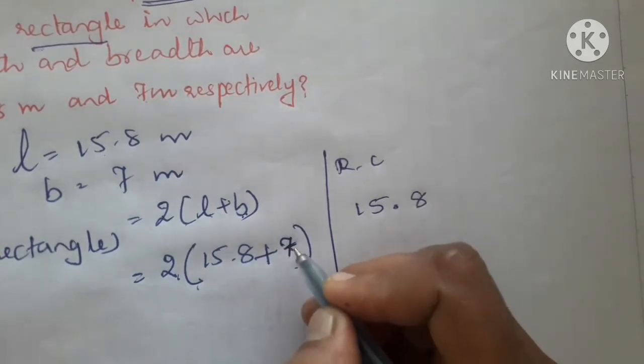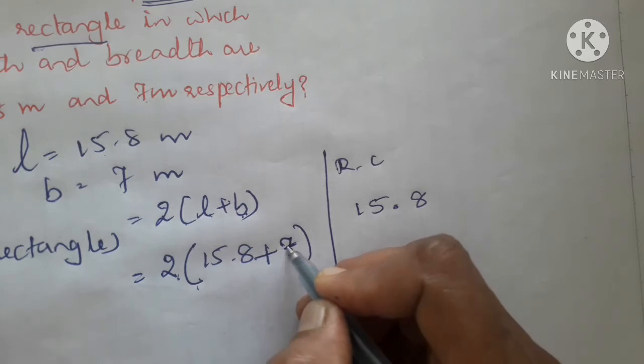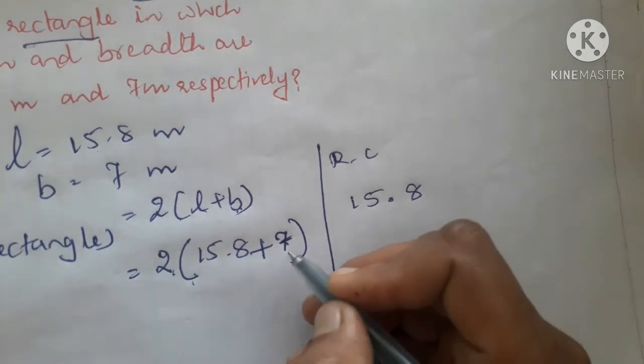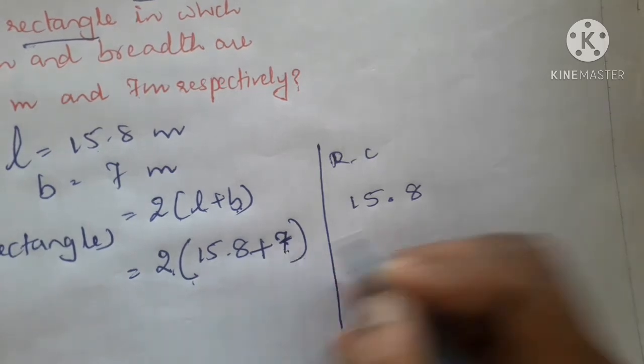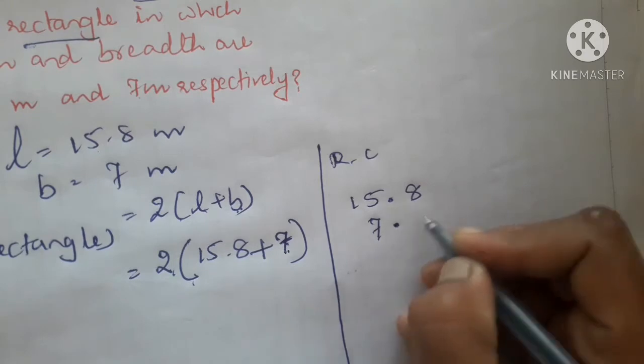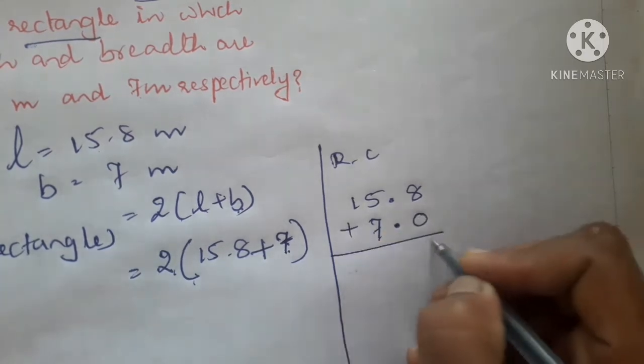No. So how can we express 7 in decimal form? That is 7.0. If it is 8, 8.0. If it is only 12, it means 12.0 or 12.00. That is one and the same. So here this means 7.0.